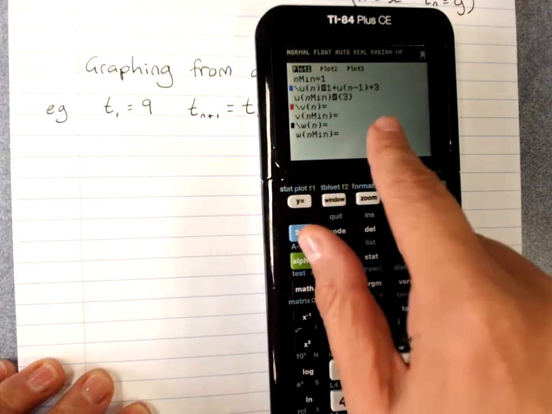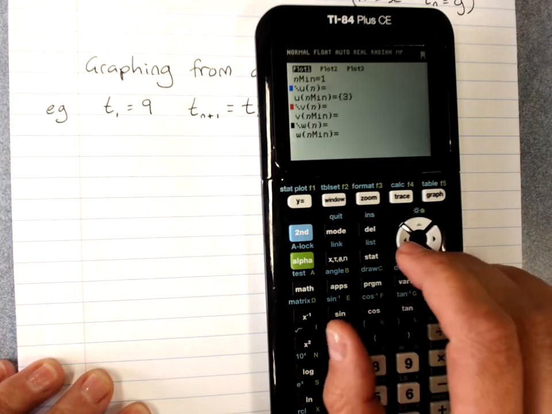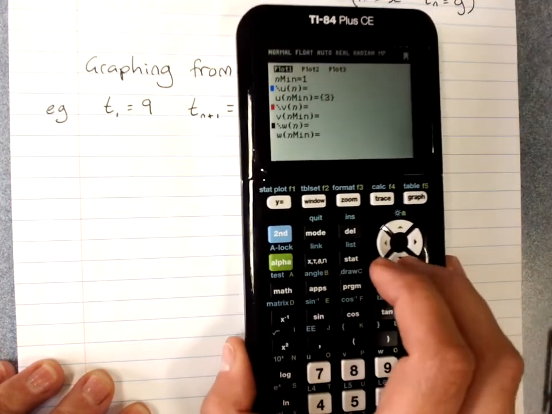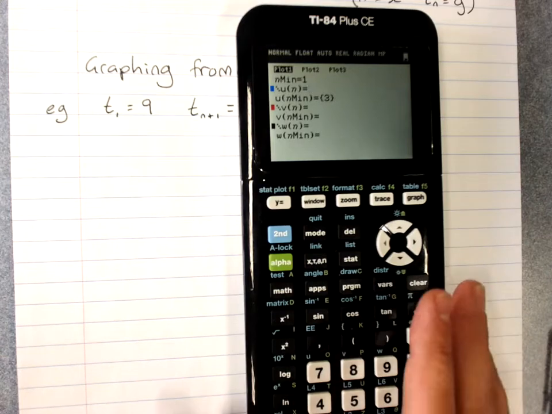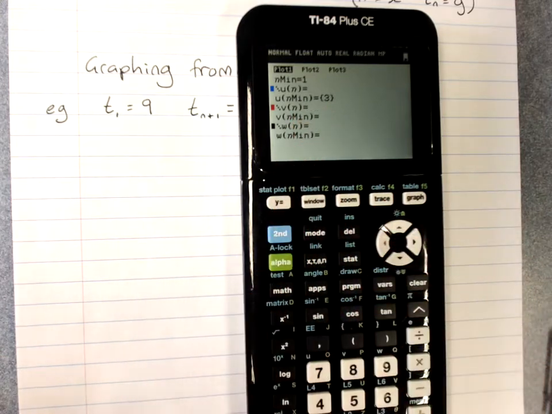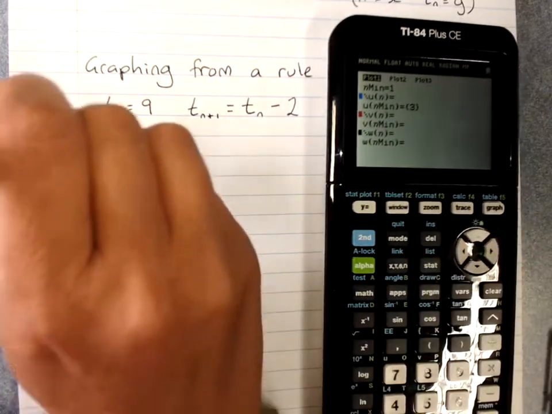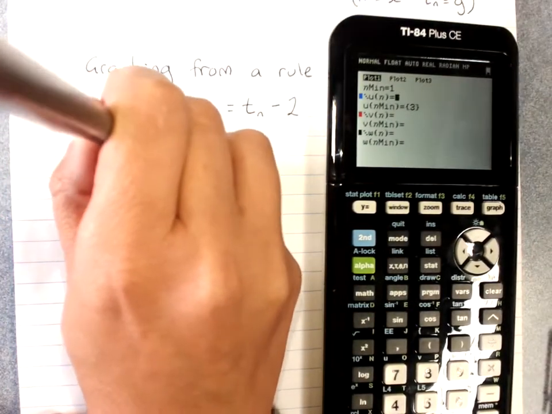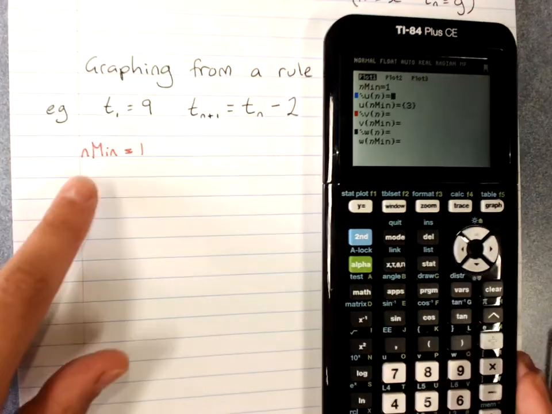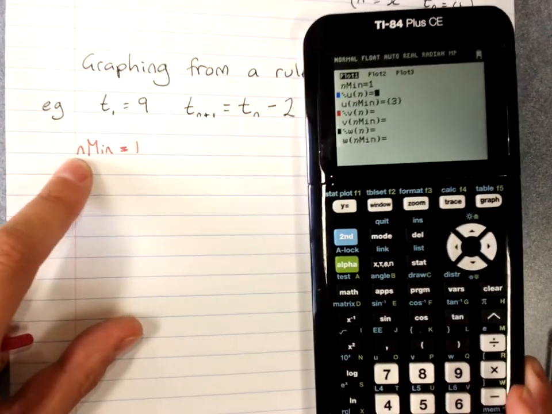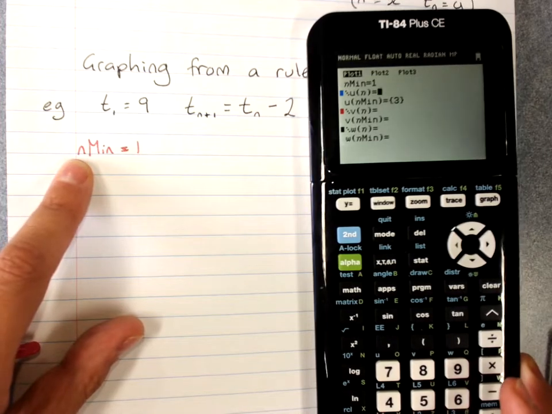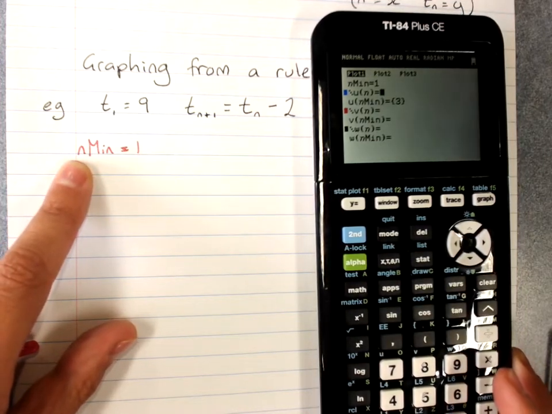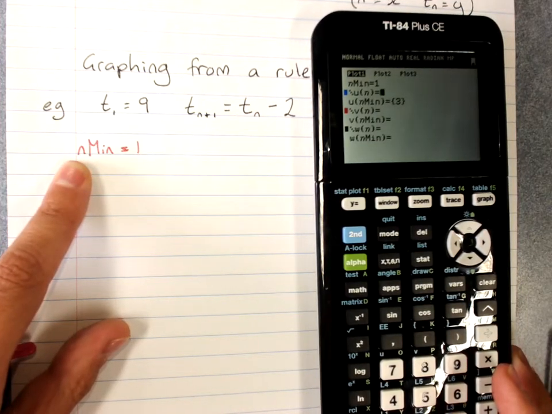I get a spot to enter number patterns. We've got to be a bit careful about what goes in there. N min is going to have to be 1 because that says n, the term that we're at, starts at 1. That makes sense.